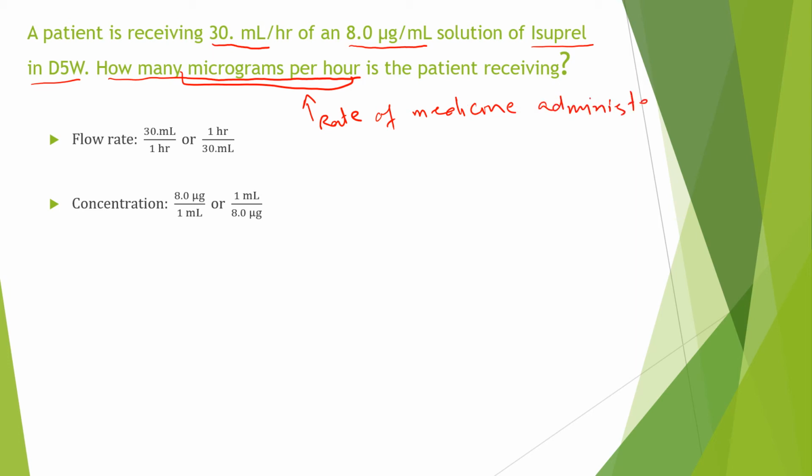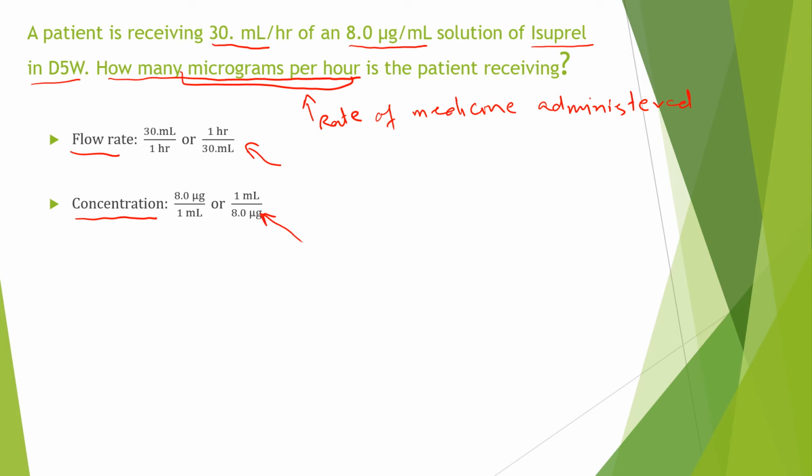This we need to calculate. What is given to us, flow rate is given to us. So flow rate is 3.0 ml per hour, or inverted flow rate will be this. Now 1 hour divided by 3.0 ml, that's the inverted or upside down. Similarly, concentration is also given, 8.0 micrograms per ml, or inverted concentration is here.